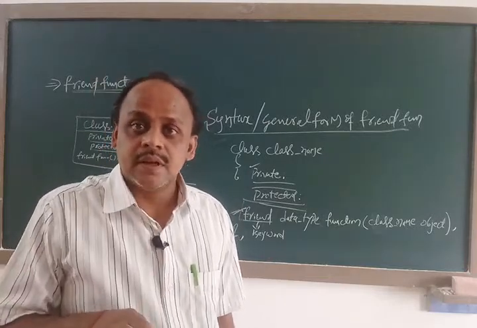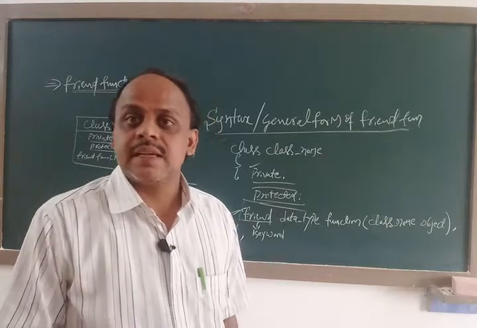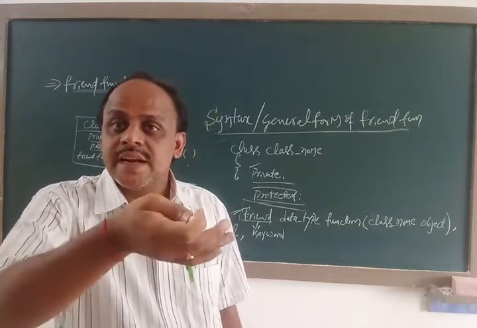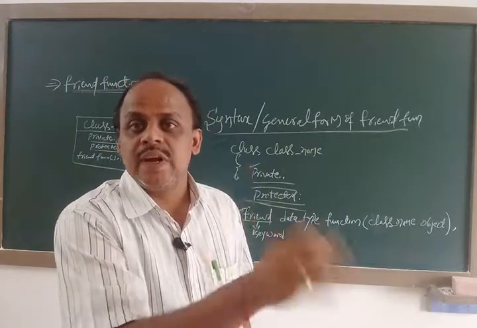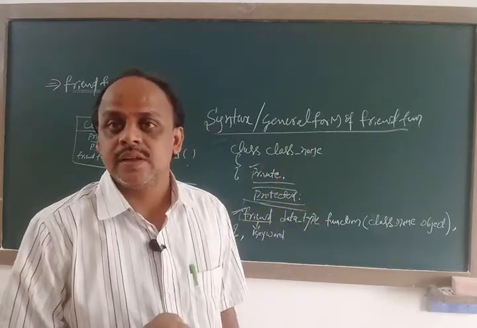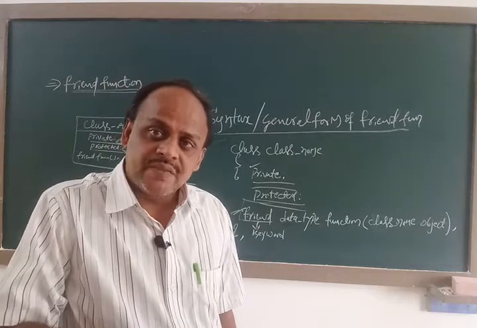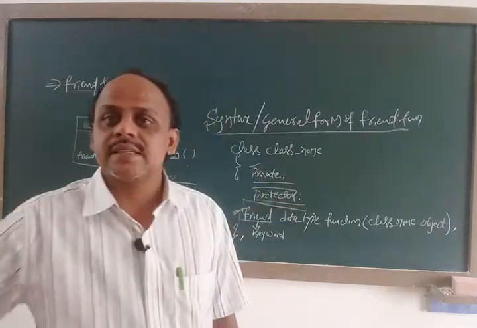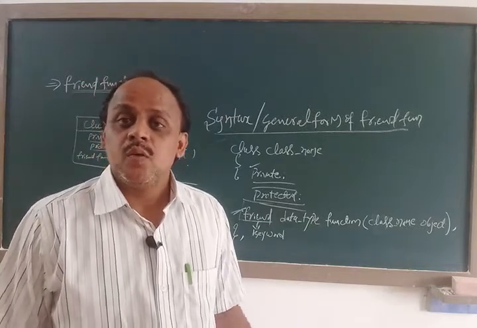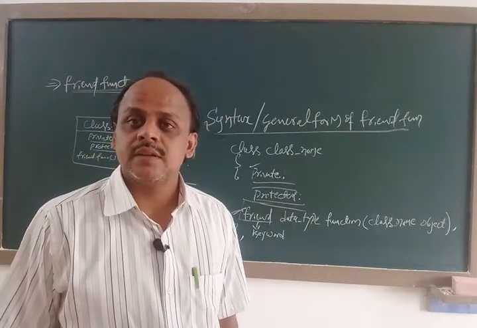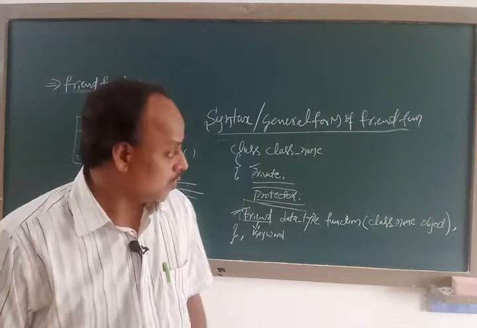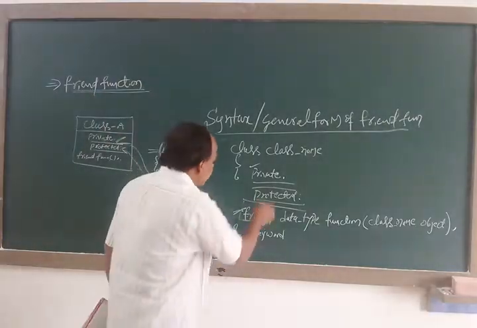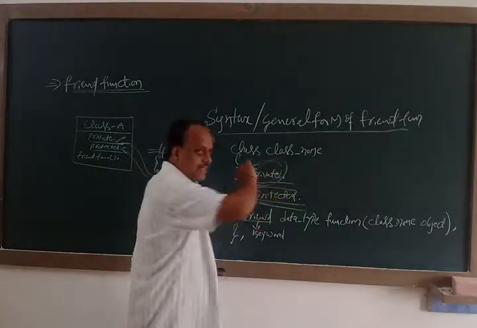Private means it is accessible within the class only, limited to that class. With the help of a friend function, even if it is private, we can access the data member, so where is the protection? So here, using the concept of friend function, this private data can also be accessed outside the class.